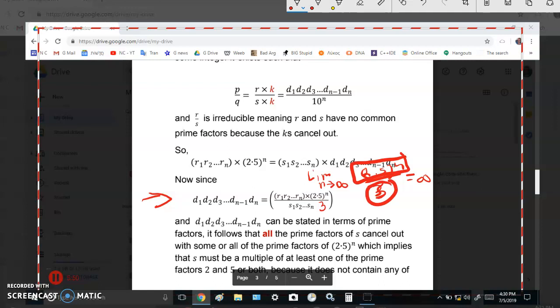So it doesn't matter if you consider the expression that you see here as n becomes indefinitely large. A third will never divide any product of 2 and 5 to the power of n. Doesn't matter how big n is, which means that there is no measure for 3 in base 10.